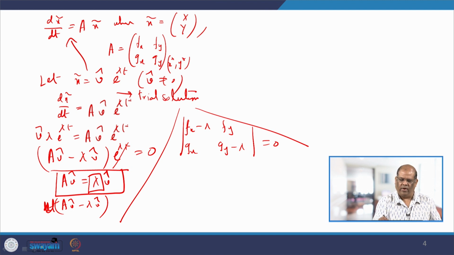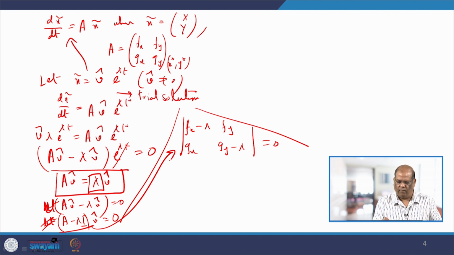So, this is the matrix. You subtract lambda I from here, because this can be written as determinant of A minus lambda I into v hat equal to the null matrix, and then you take the determinant and from there you will get this.